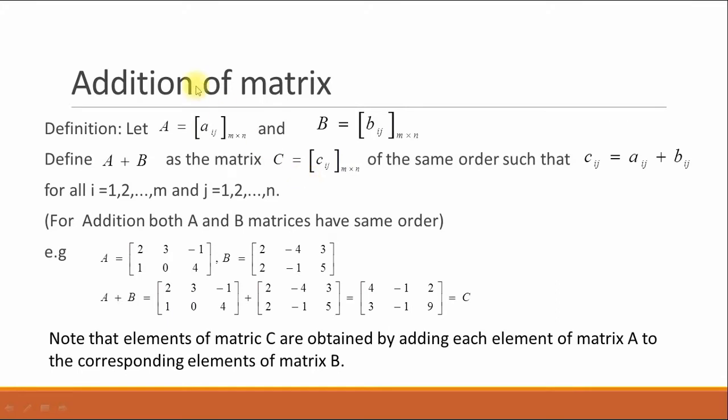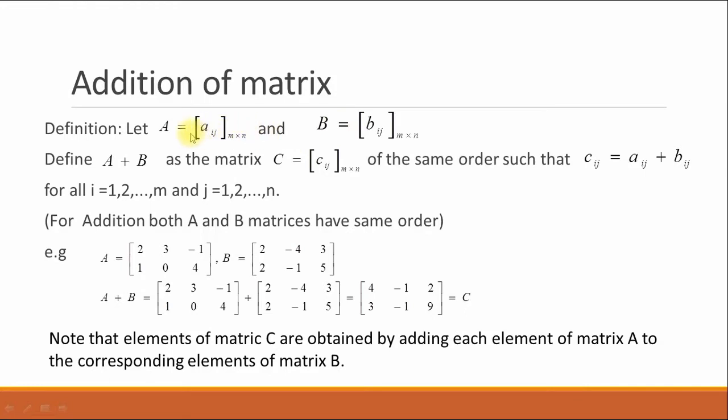Now, addition of matrix. When can we add two matrices and how to add two matrices? For addition of two matrices, the order of the matrix will be same.